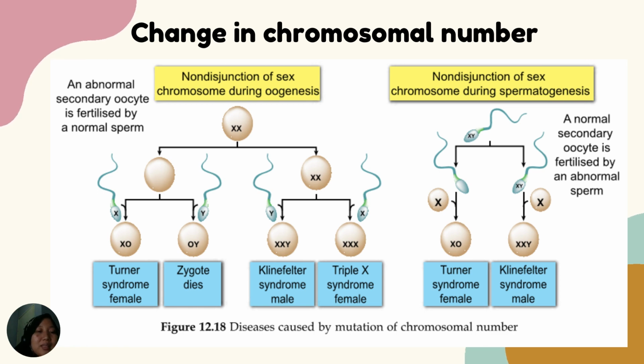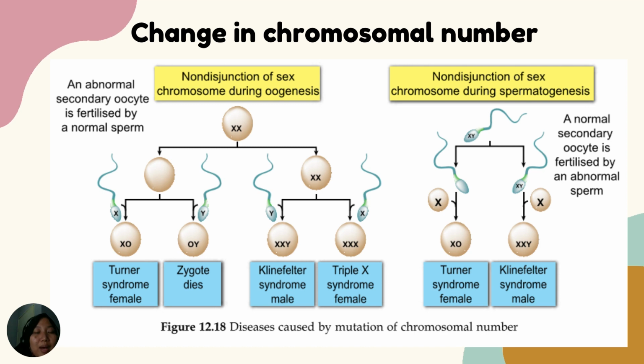All right, and then when there's a Y sex chromosome from the sperm combined with a gamete with no sex chromosome, the zygote will die. Another case: how about the gamete that has double X?